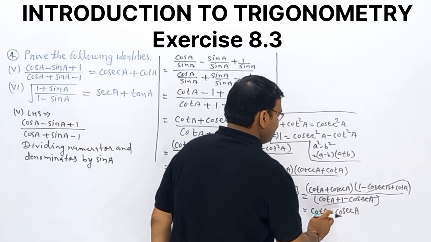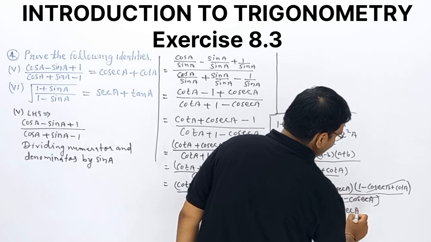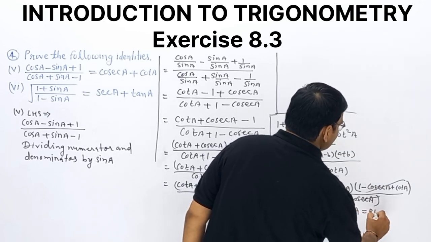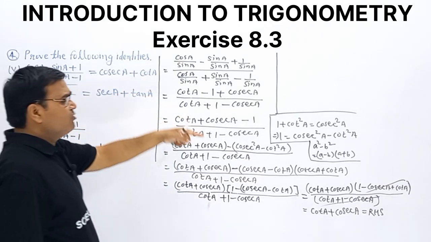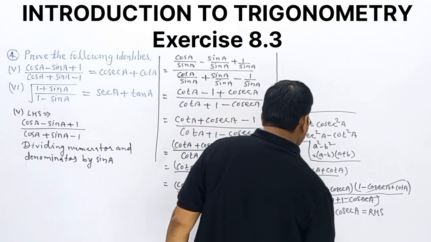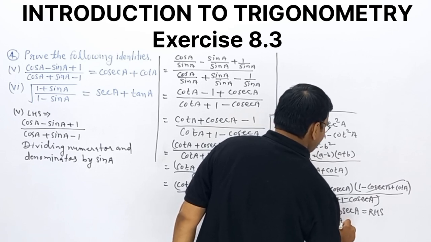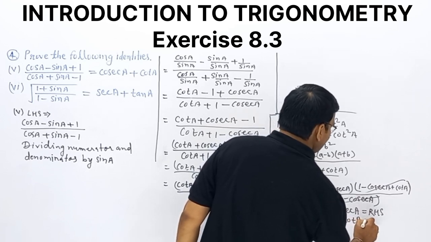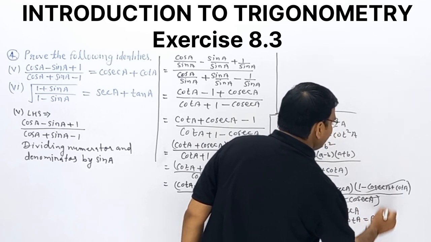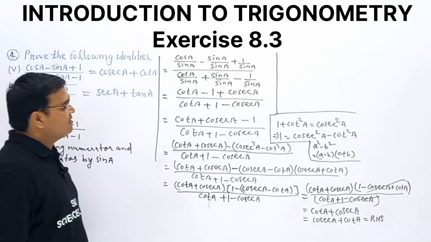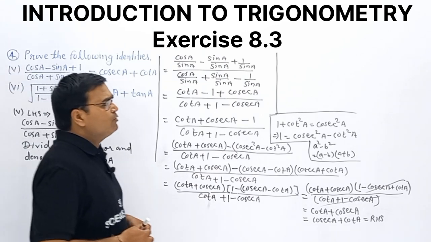What we are getting? Cot A plus cosec A, and this is the RHS. Yes or no? Cosec A plus cot A. Yes, we can write by commutative, cosec A plus cot A, both are the same, and this is the RHS. So by using the left hand side, we are getting the right hand side. Easy question, not hard.